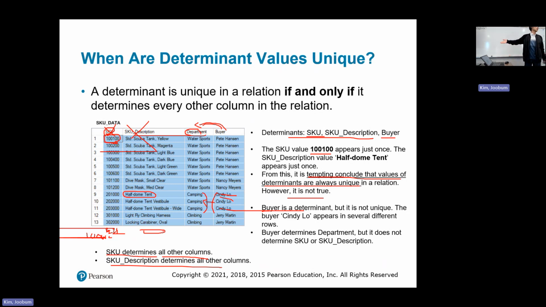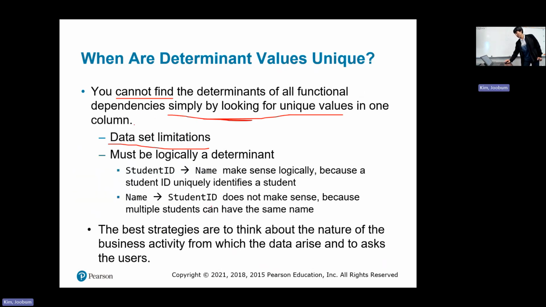We don't know. So the data is limited. This is one reason. And then it must be logically determinant, which means that the relationship makes sense.